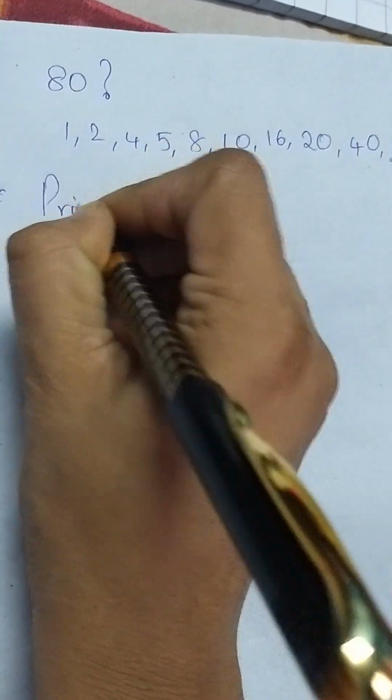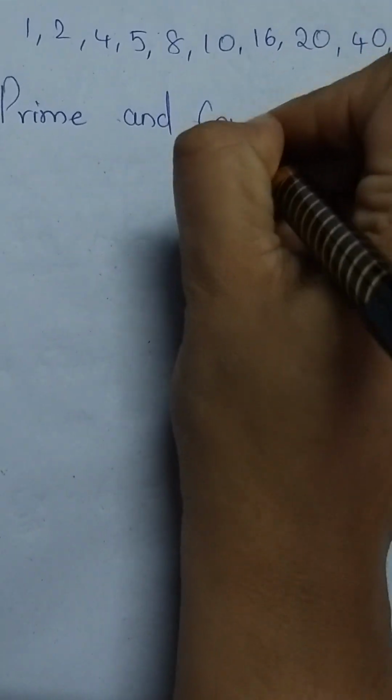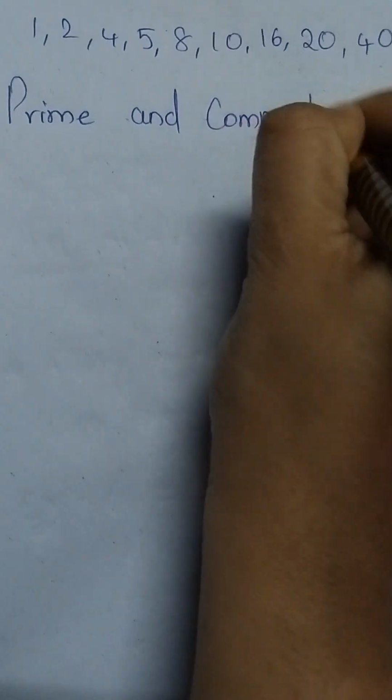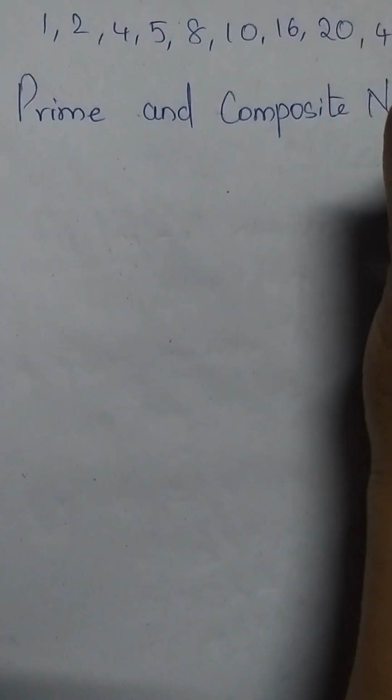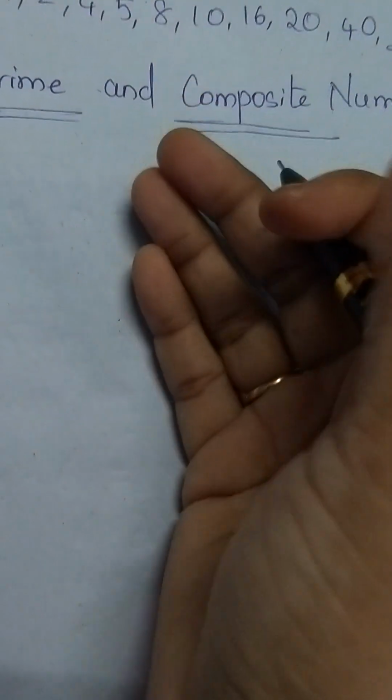The next concept is prime and composite numbers. Simple concept: what are prime numbers and what are composite numbers? If you know these, you can easily find co-prime, twin primes and prime factorization.